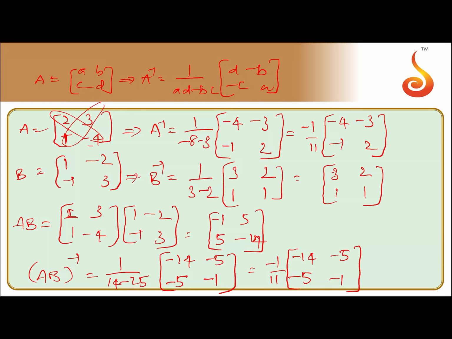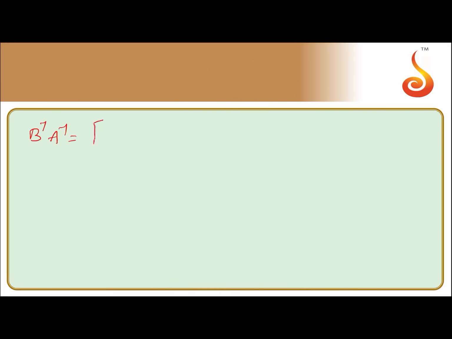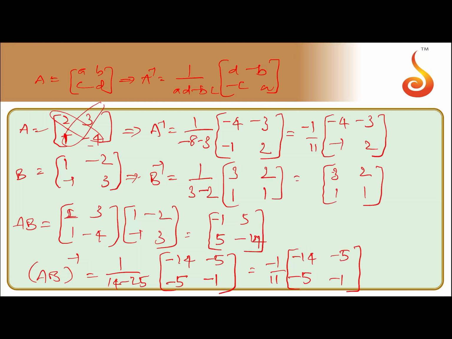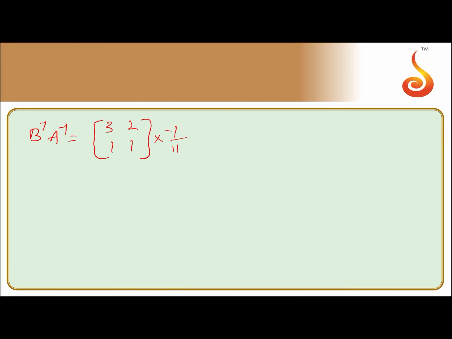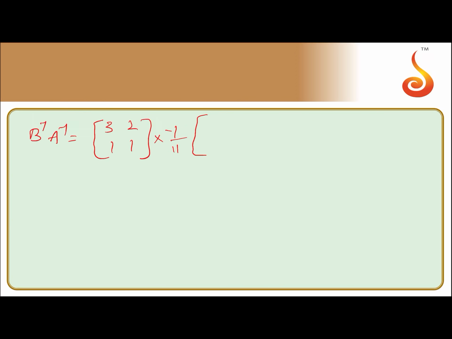Okay, let us keep this AB whole inverse and let me calculate what B inverse A inverse is. So B inverse into A inverse is equal to, so the B inverse is 3, 2, 1, 1, multiplied by A inverse, which is minus 1 by 11 times minus 4 minus 3, minus 1, 2.